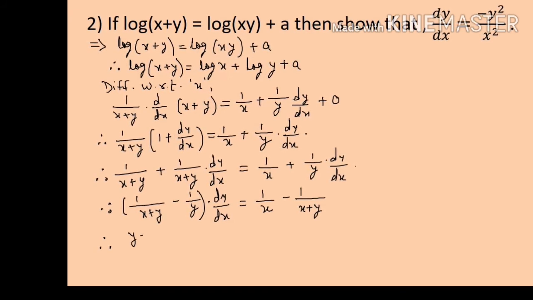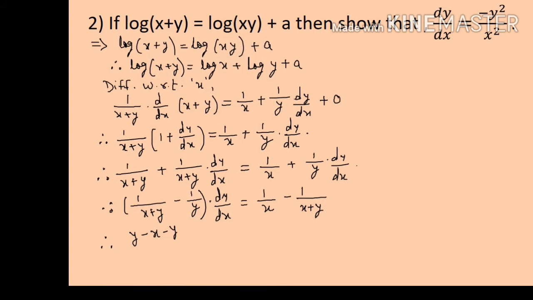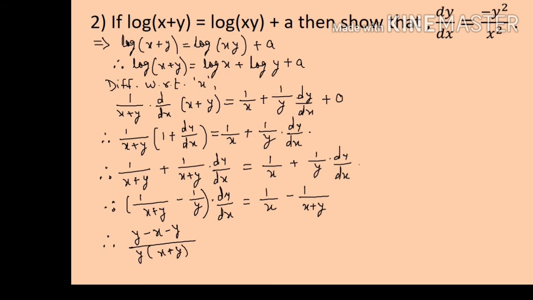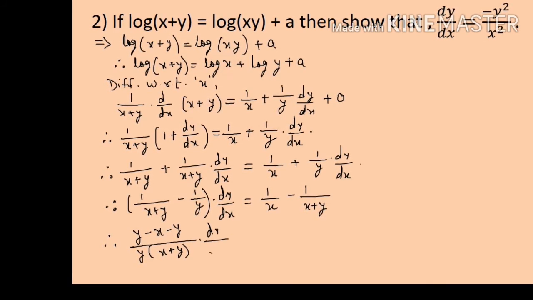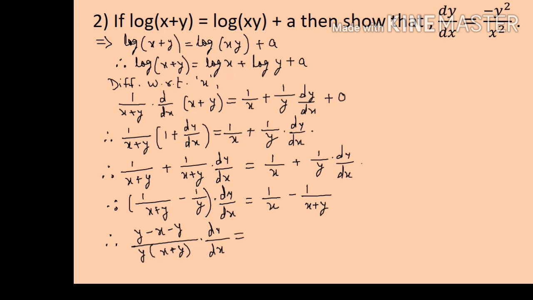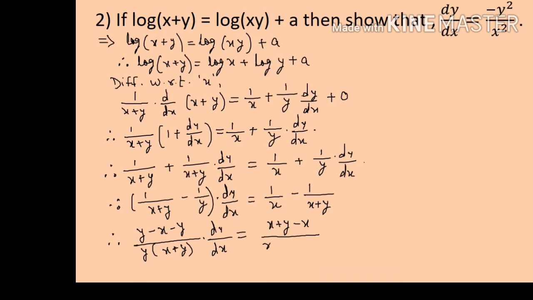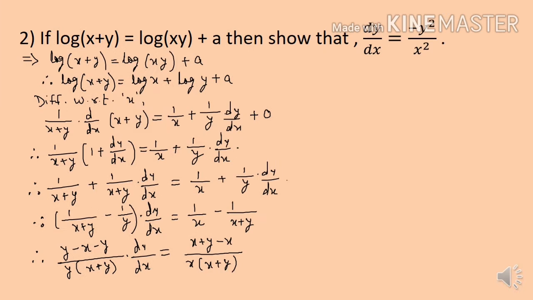So you get y minus x minus y upon y into x plus y into dy by dx is equal to x plus y minus x upon x into x plus y. Here, so now see here y and minus y will get cancelled, and this side x and minus x will get cancelled. So you will get minus x upon y into x plus y dy by dx is equal to y upon x into x plus y.